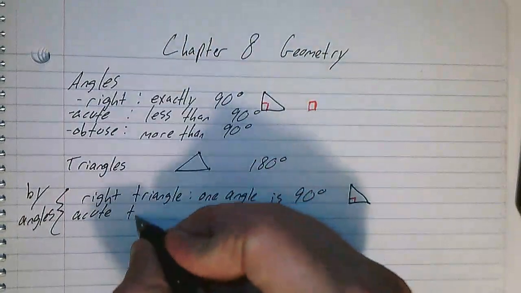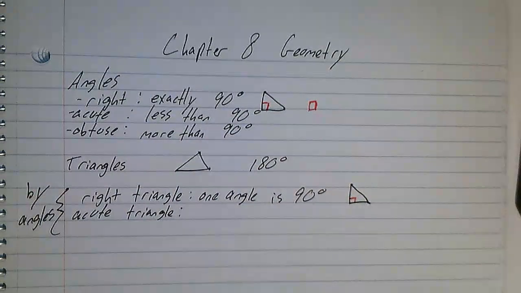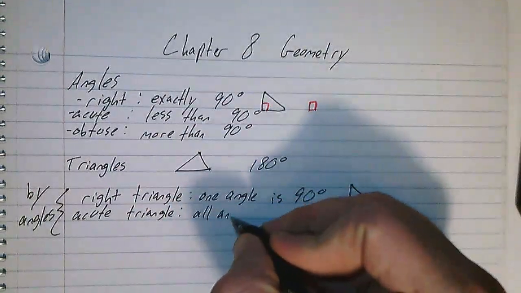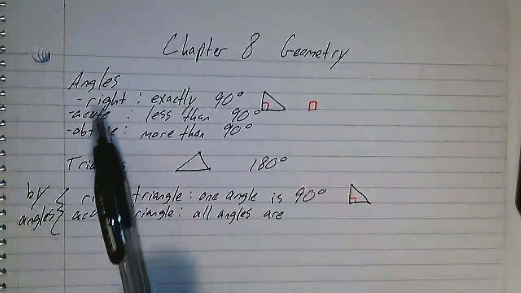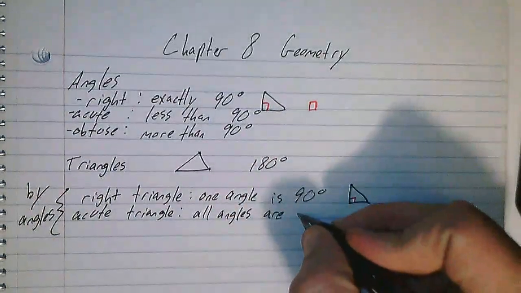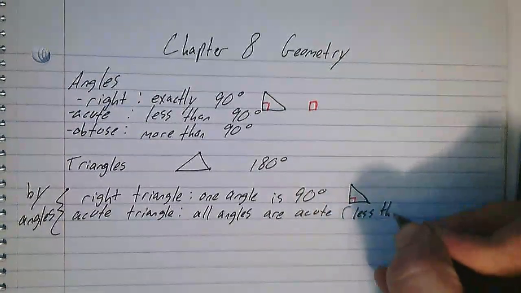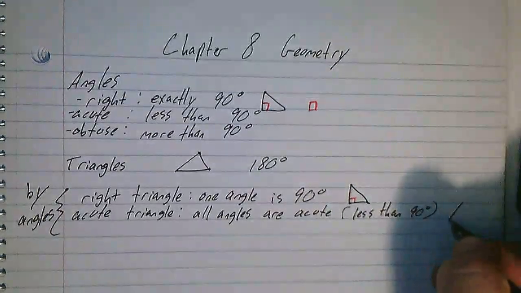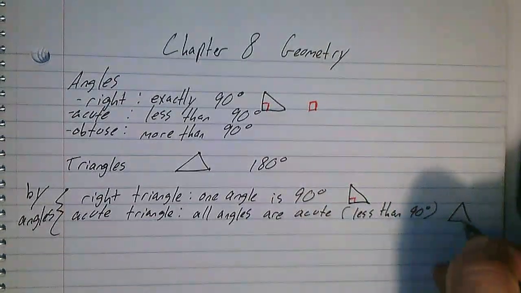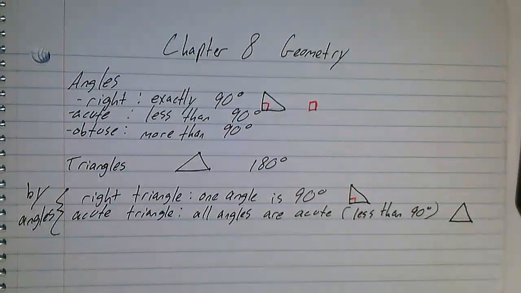An acute triangle is a triangle in which all angles are less than 90 degrees, or all angles are acute. So acute, parentheses, less than 90 degrees. And maybe how you basically think about a triangle is usually acute. All of these angles would be less than 90 degrees.